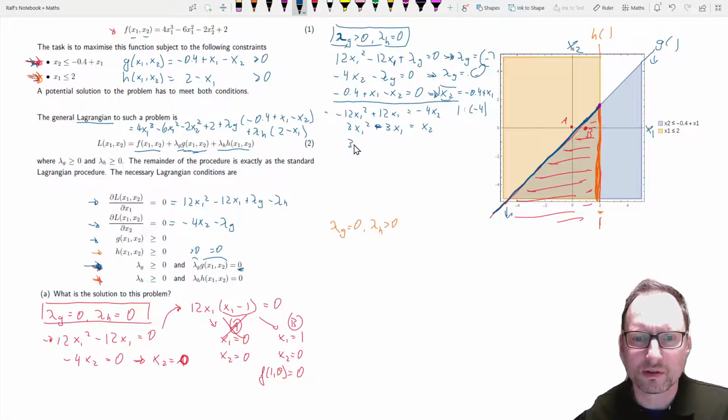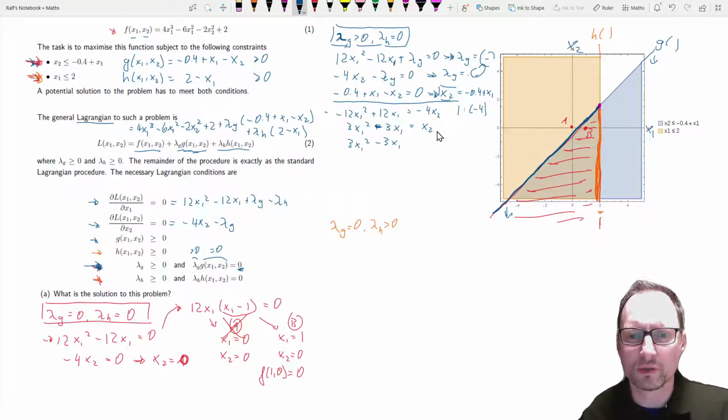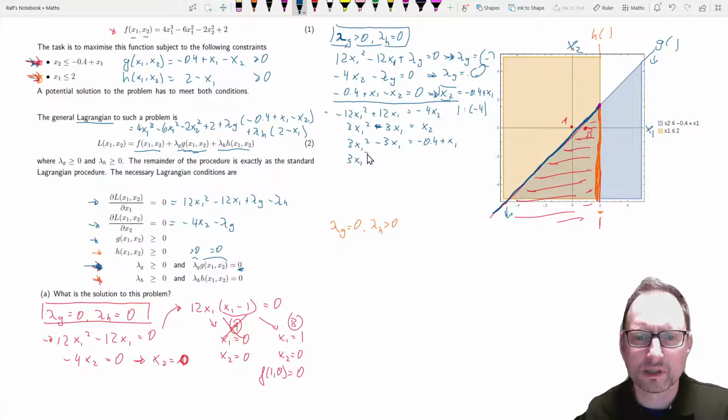So you get 3x1 squared minus 3x1 is equal to negative 0.4 plus x1. We'll bring everything onto one side. So we get x1 squared minus 4x1 plus 0.4 is equal to 0.